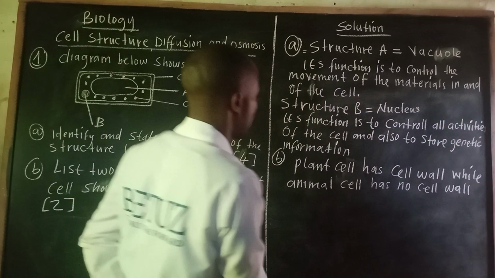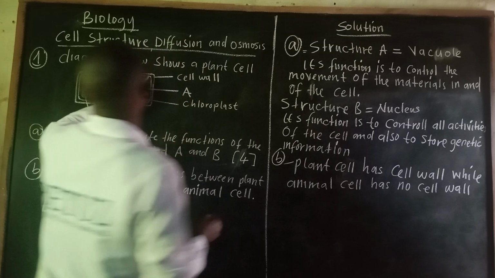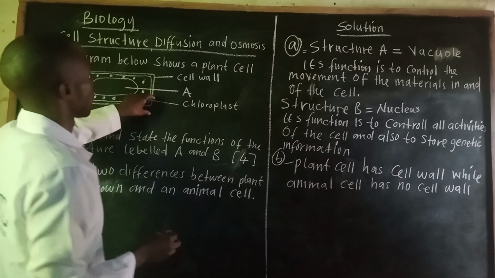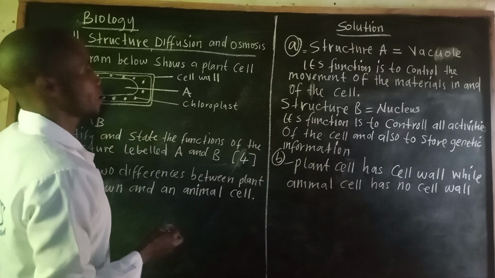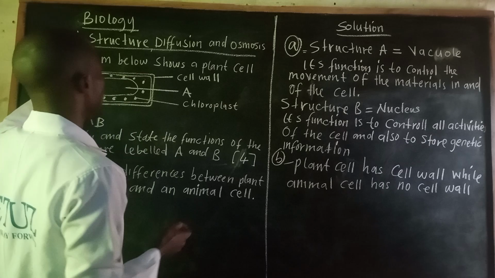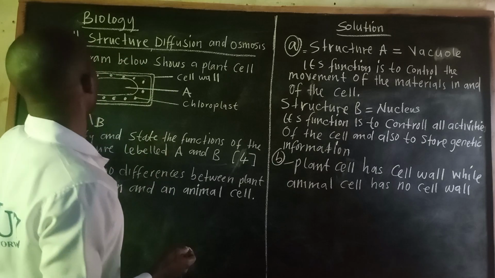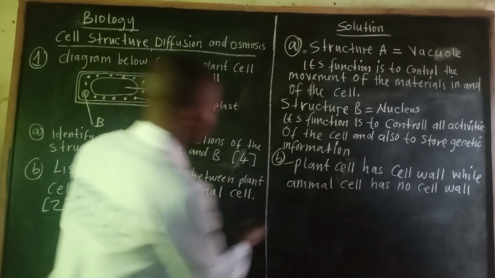That is difference number 1. The plant cell has the cell wall, which is this one. The main function of the cell wall is that it gives the shape of the cell, and it also protects the contents of the cell.